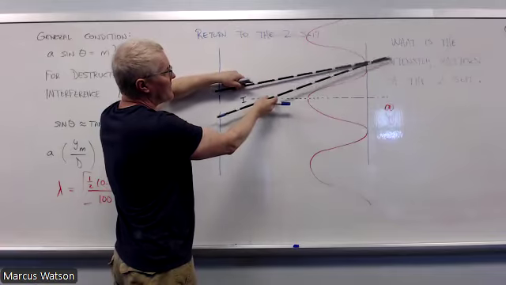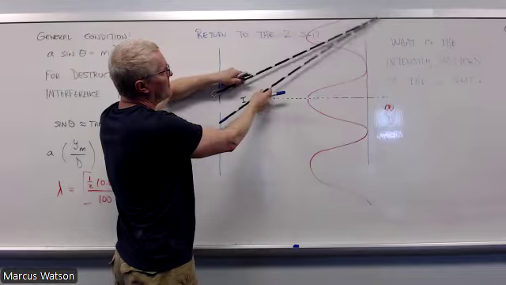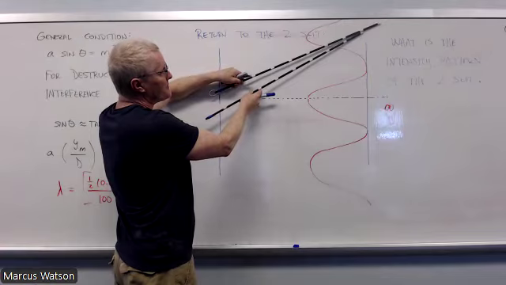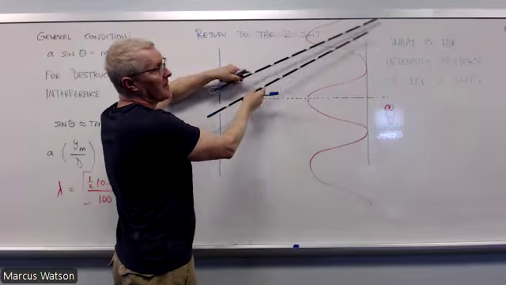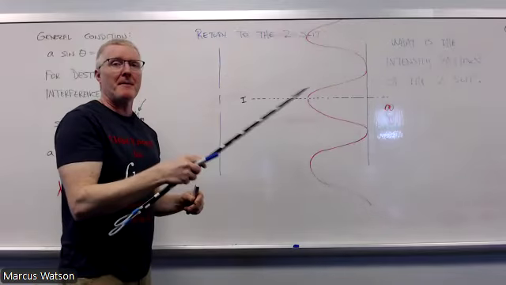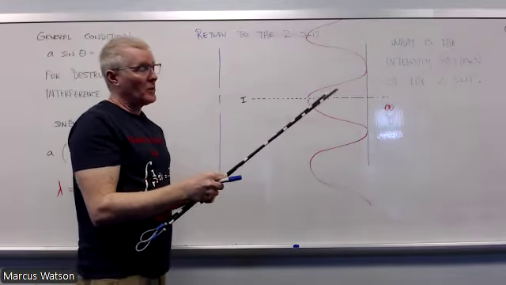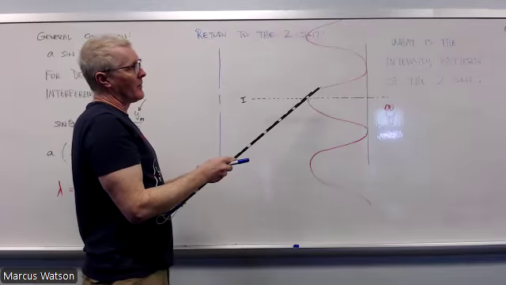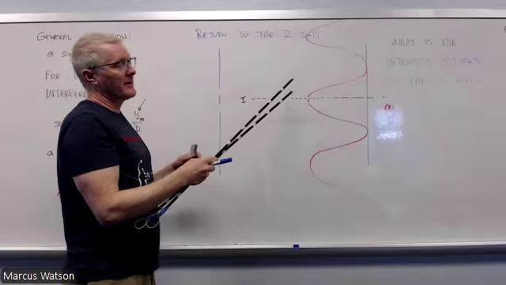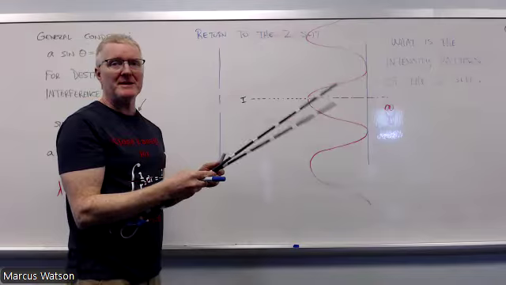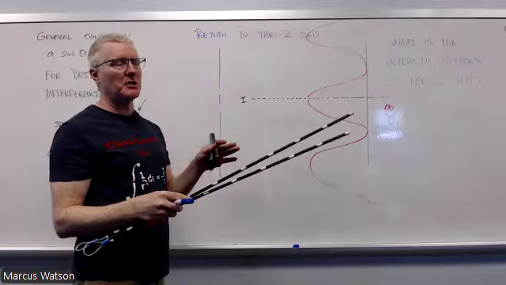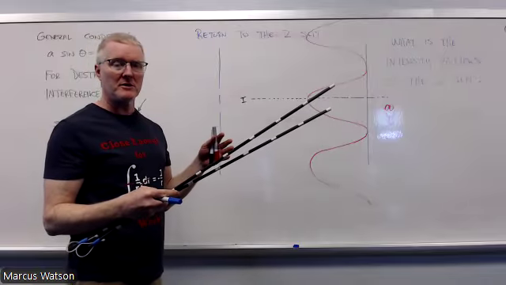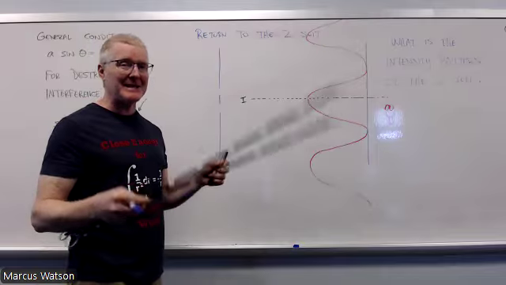So when I go up here and I go, oh yeah, look at that, I've lined them up again. At that point on the screen, that means I'm getting a maximum in the amount of energy. Well, that maximum would be the same every time because the condition of having a constructive interference bright fringe is that the peaks line up.